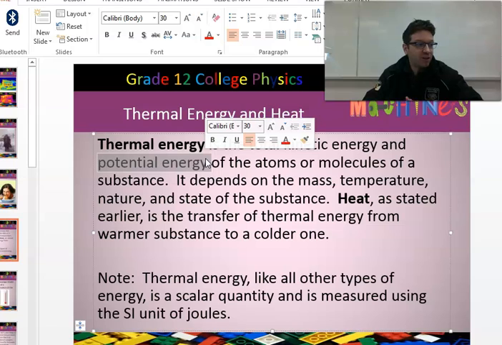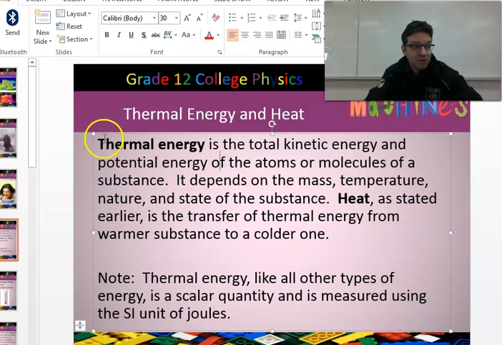Okay, you would have a lot more potential energy inside of that liquid form than you would inside of the solid form. So thermal energy is the total kinetic and potential energy of all atoms and molecules of a substance. Right? And as I said, it depends on the state of that substance. It also depends on the mass, like how much of it there is, the temperature, and so on.